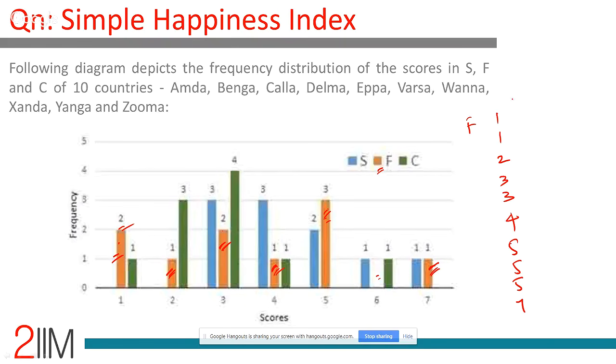Likewise, if you think about C scores, we've got a 1, 2, 2, 2, 3, 3, 3, 3, a 4, no 5, a 6. And S score, which is the blue bar: no 1s, no 2s, 3, 3, 3, 4, 4, 4, 5, 5, 6, 7.